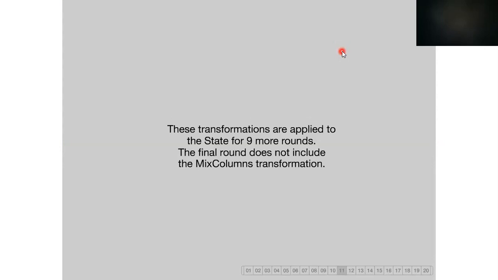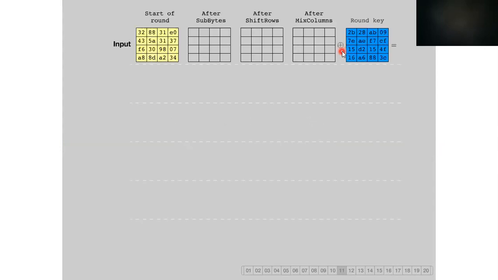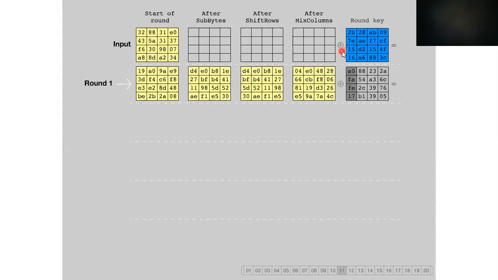mixed column transformation. So here you can see, after sub-byte transformation we get this, as we can see from previous slides, and after applying shift row we'll get this, and after applying mixed column we get this, and then finally we'll get this state.